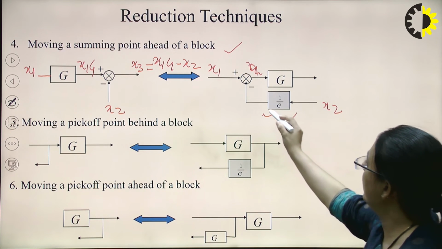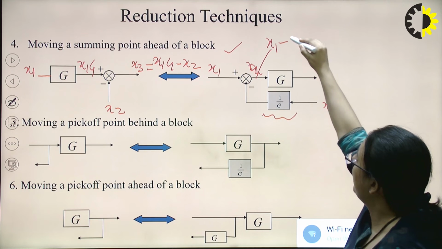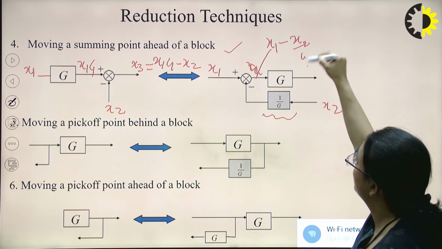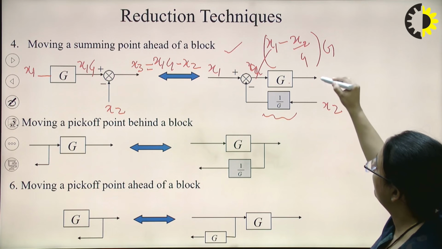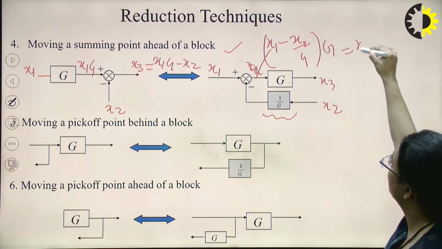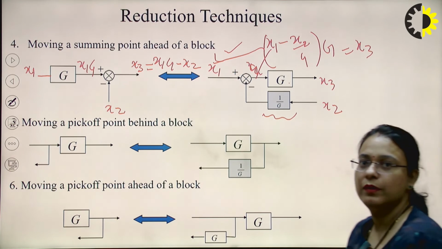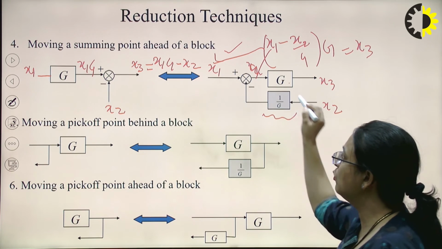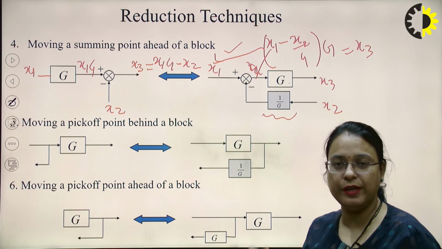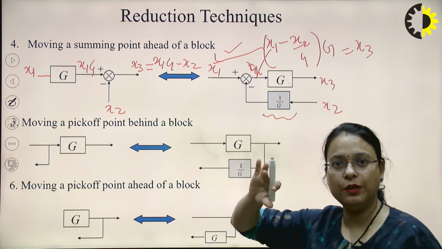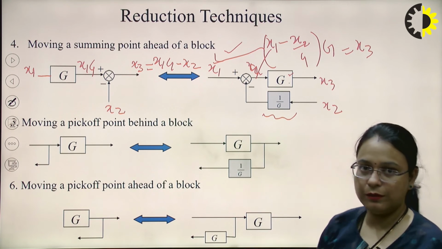Then we get x1 minus x2 upon g, and when this whole gets multiplied with g, we get x3. So in both these cases the output is the same. So there is a need to add a block having a transfer function that is the reciprocal of the transfer function of the same block.